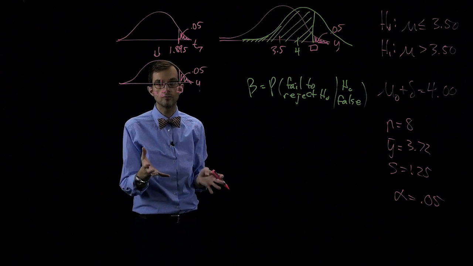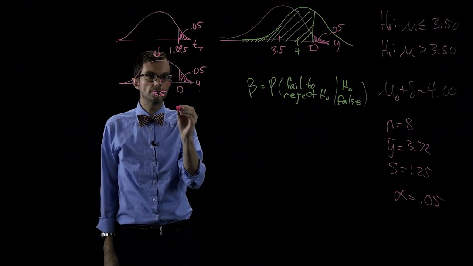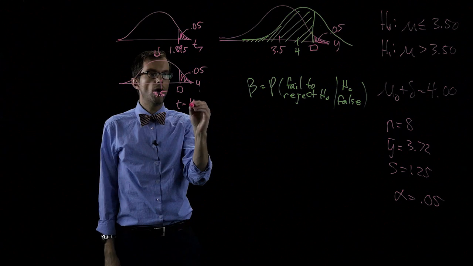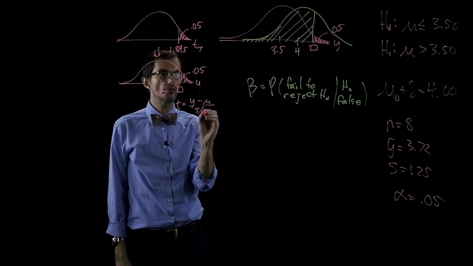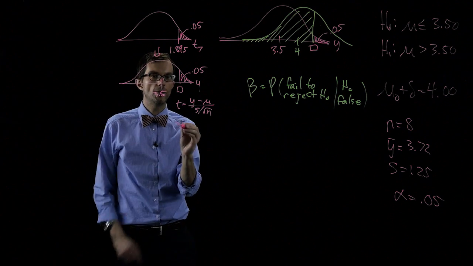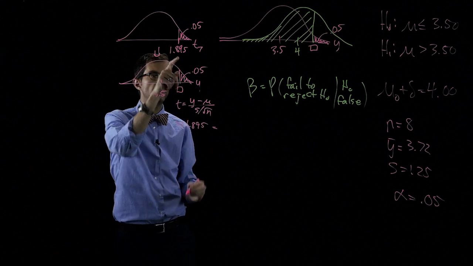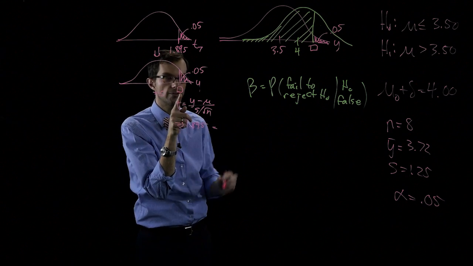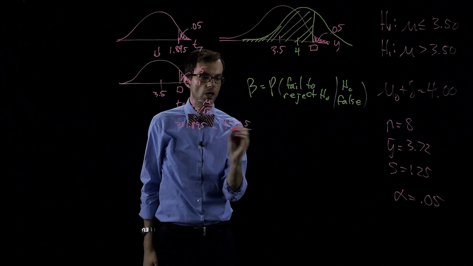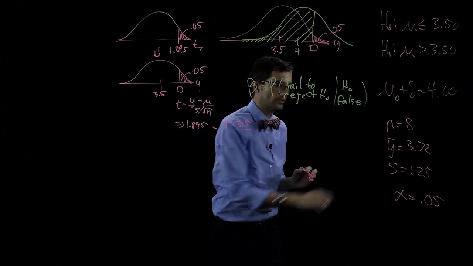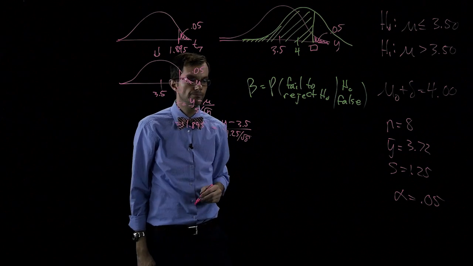We can do that. We've got an equation for that. That is the t-score equation. T is equal to y minus mu over s over root n. We know the value of t, 1.895. That's equal to some value y, which we don't know, minus 3.5 over s, 1.25, over root 8.